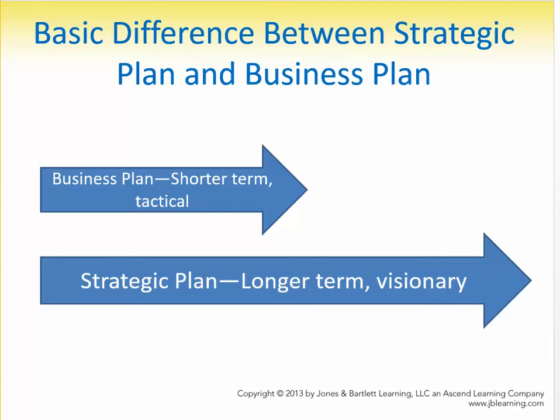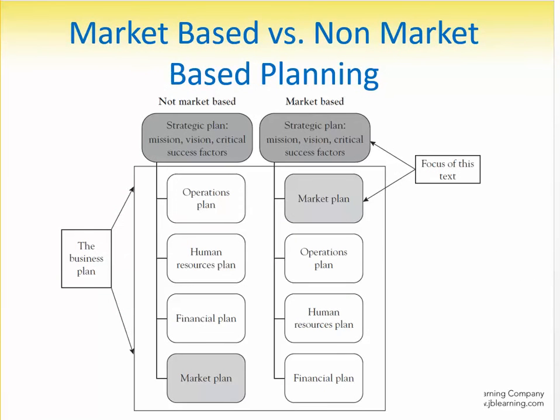If it is an organization that is very market oriented, the marketing plan begins the business planning process. And that actual process is shown right here. The market-based versus non-market-based. As you can see, the model is quite different.